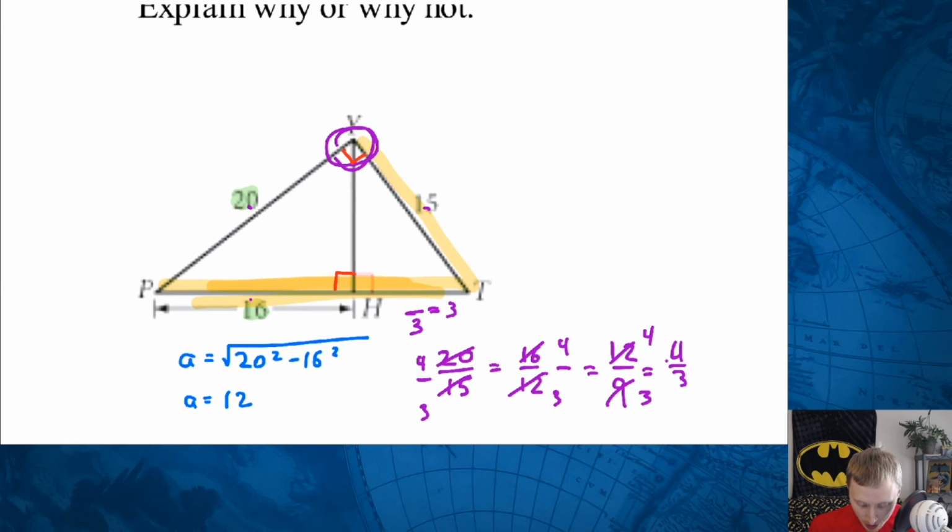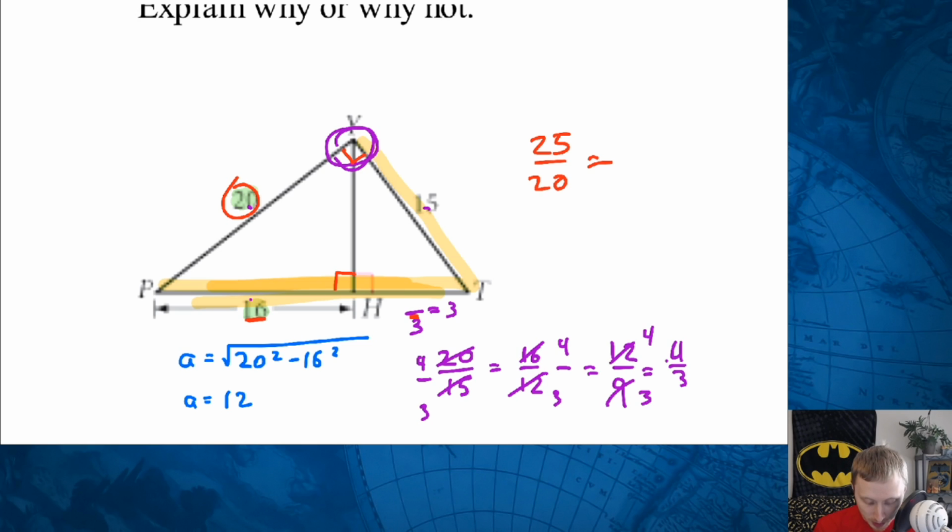So let's check. The big side of the biggest triangle is going to be both of these combined. It's going to be the 16 plus the 9. 16 plus 9 is 25. So let's set up hypotenuse of the large over hypotenuse of, let's just use the one on the left, 20. Okay? How about the shortest side?